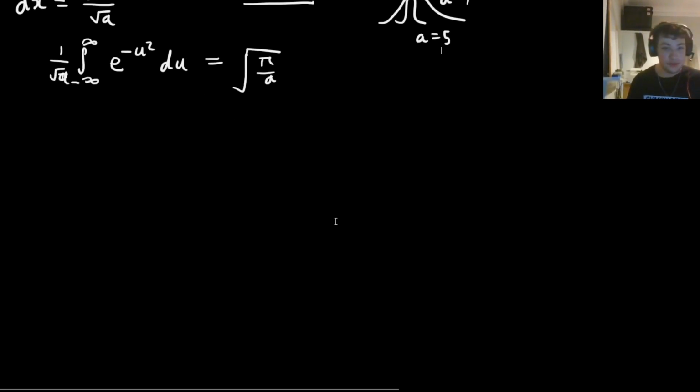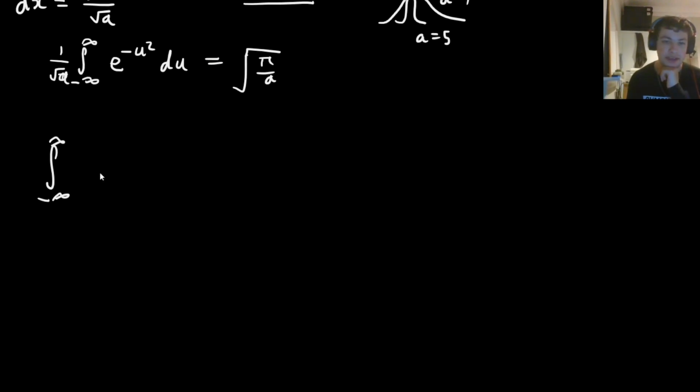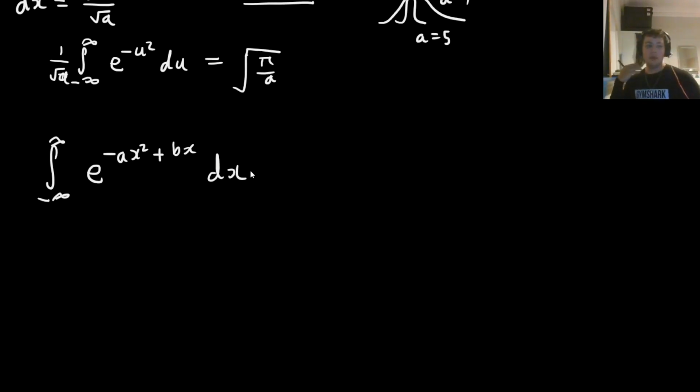Next we're going to add a linear term, so not 1 over anything yet. The integral from negative infinity to infinity of e to the minus a x squared plus bx dx. Now we don't care what b is. a still needs to be positive. b can be any number, because at infinity the quadratic term is going to dominate the linear term.